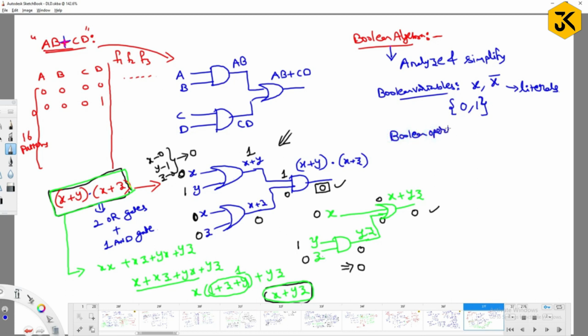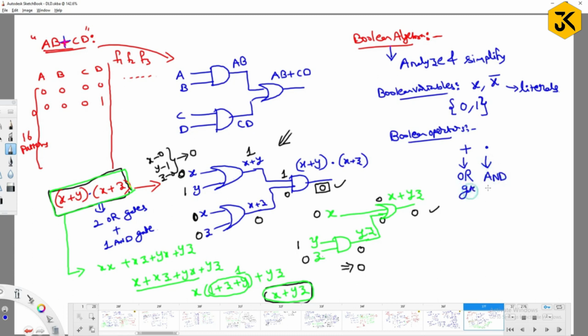One is plus. Plus I can technically relate with a gate called the OR gate. Dot is the Boolean AND operator, which we can technically relate with the AND gate.